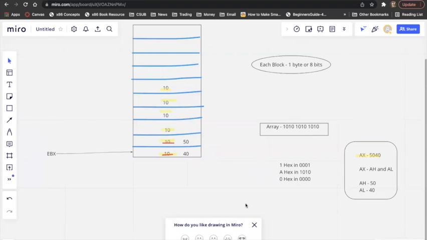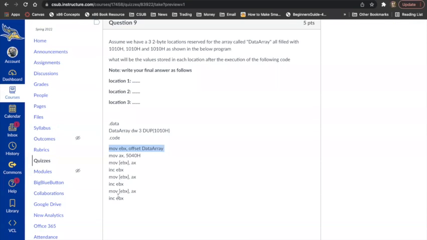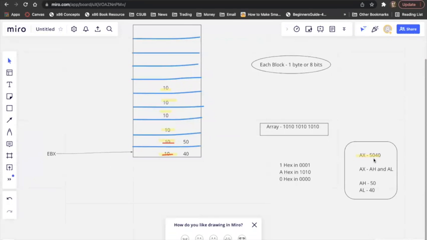This will happen after this instruction is processed. Why? Because AX is a 16-bit register and we can only make changes to 8 bits in memory.